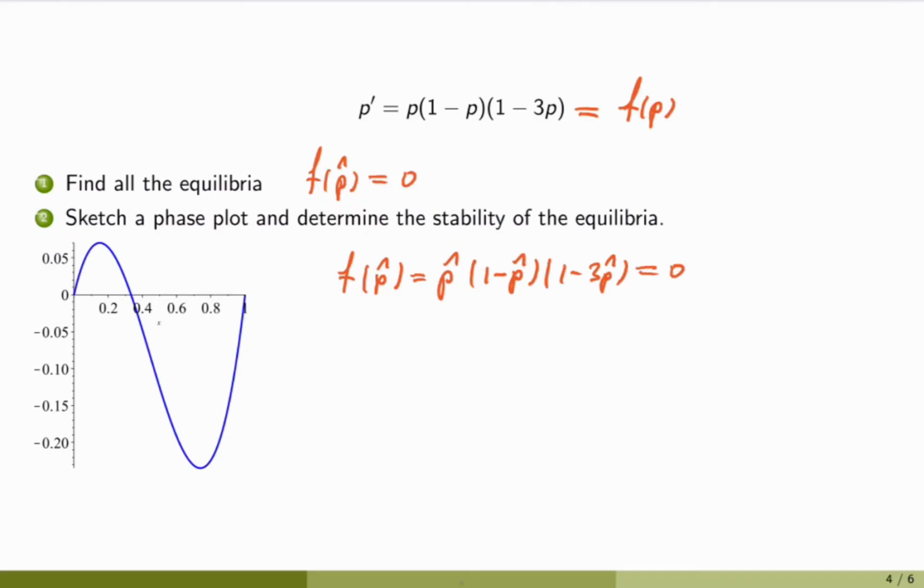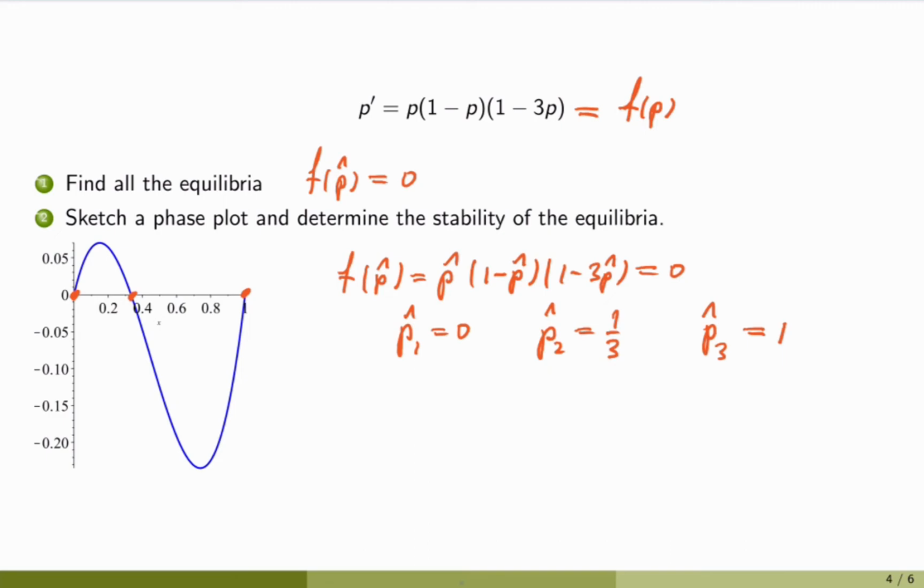And I'm very lucky because it's in a product form. I can see the zeros right away. So I have p1 hat is 0. I have p2 hat is 1/3. I'm flipping the order of these terms to get it in the right order, and then I have p3 hat is equal to 1. So these are these points, this guy and this guy and this guy.